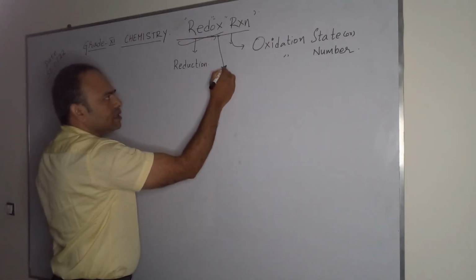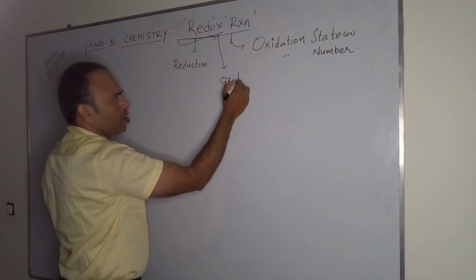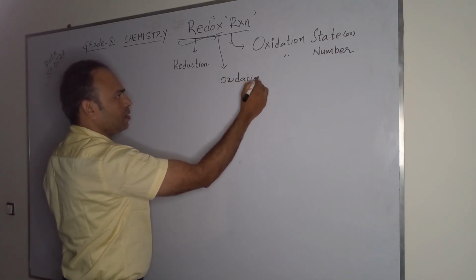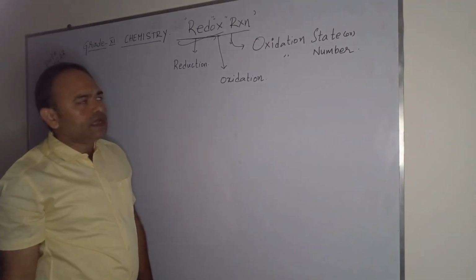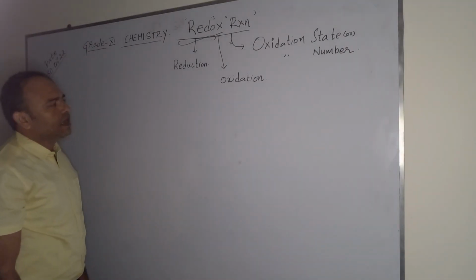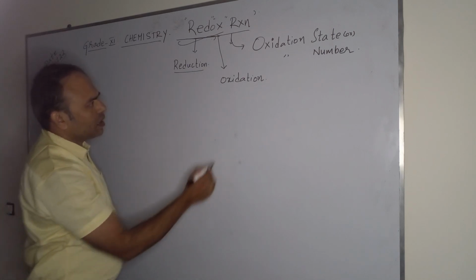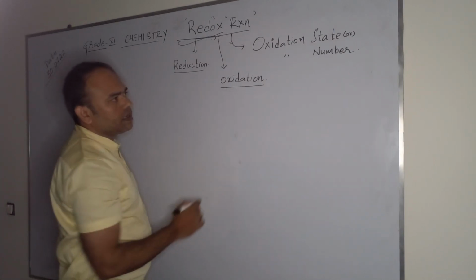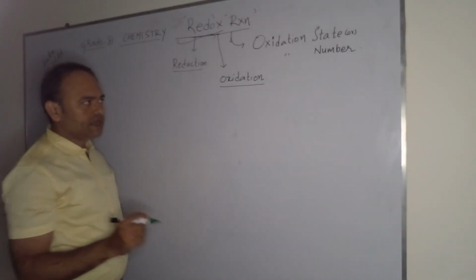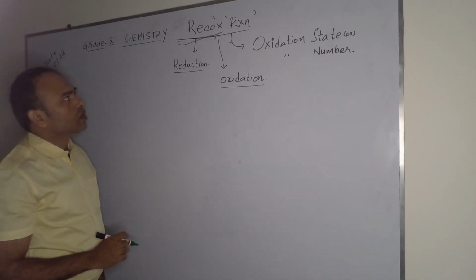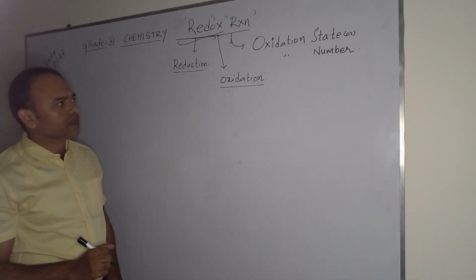And what is the second term here? Oxidation. So we can define a redox reaction like this: any reaction in which both reduction and oxidation take place simultaneously is called a redox reaction.